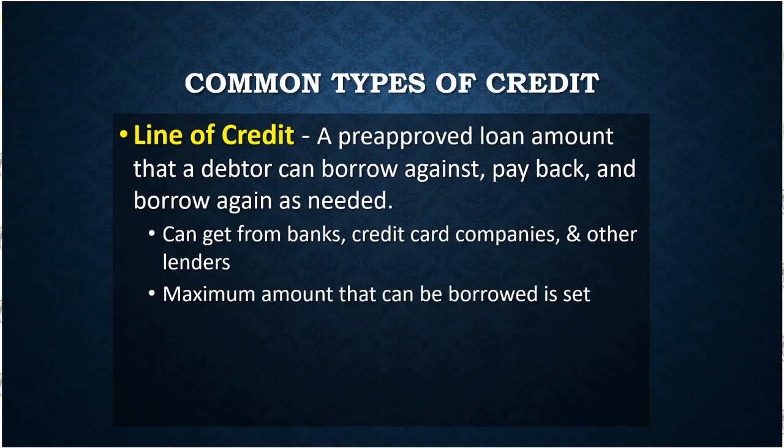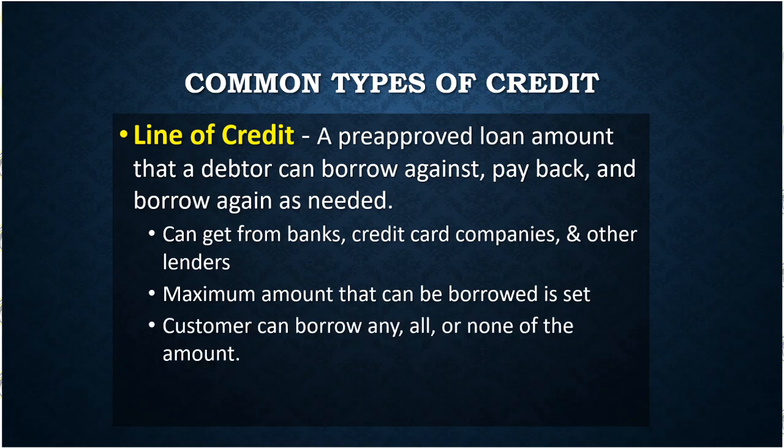So we set the maximum amount that can be borrowed, and then we only have to pay interest on the stuff that we actually use. If I get a line of credit and then do my own work, and I cover all of the costs of materials and stuff on my own and don't need to dip into that account, then I don't have any interest that I have to pay.